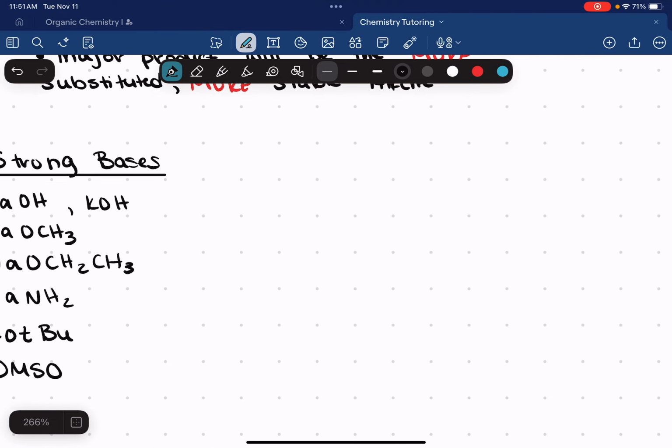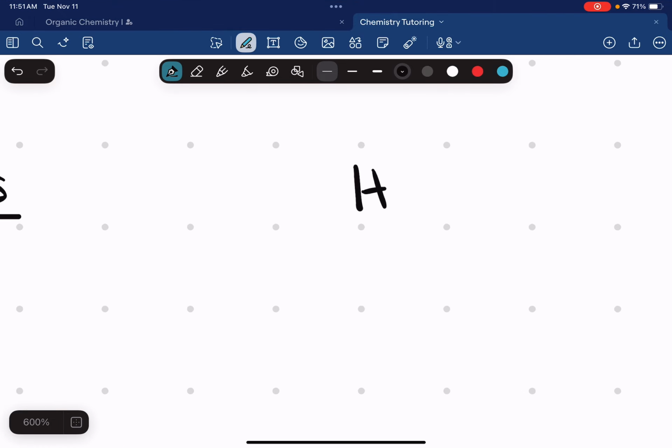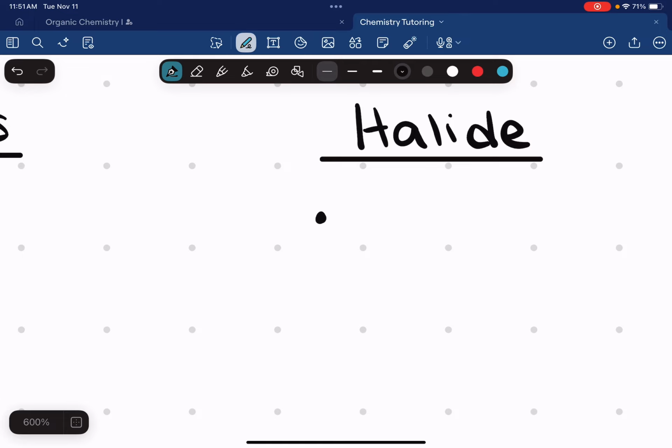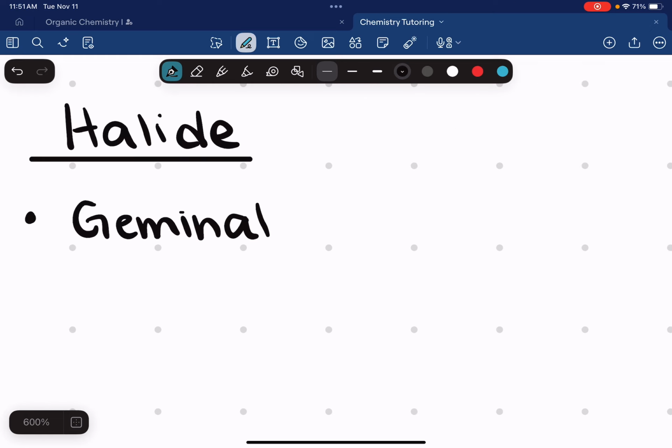He will probably ask like a definition question on the type of halide it is. So if you've got multiple halides, geminal. Sorry if any of you guys are a Gemini. This is the way it was explained to me and to help me remember.